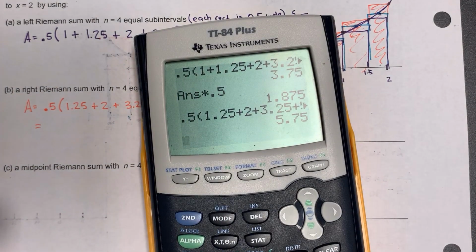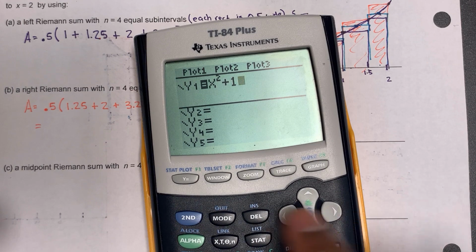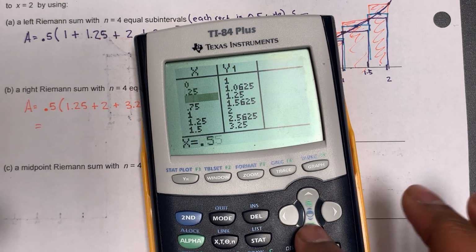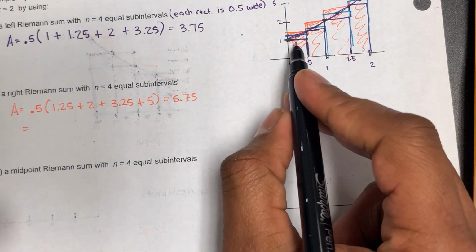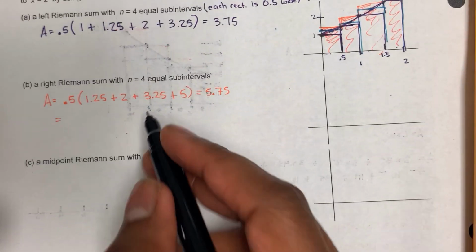So instead of calculating all these values by hand, let's go to y equals, we'll do x squared plus 1 for the second table, and then we'll do plus 0.25. So now each one of our rectangles is still 0.5 units wide.